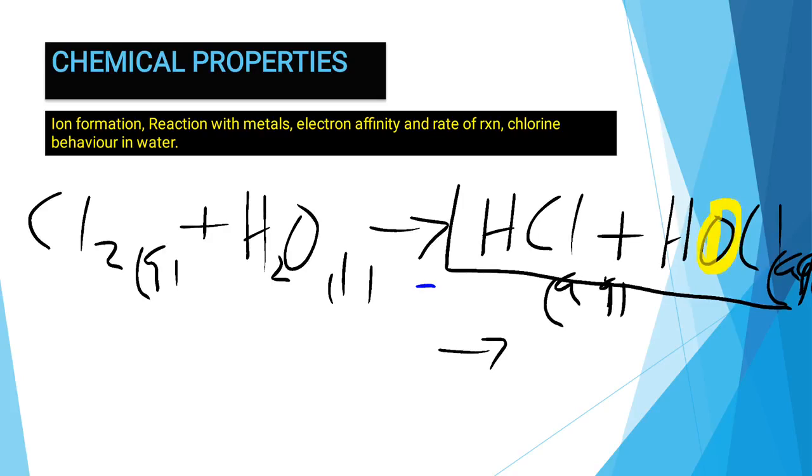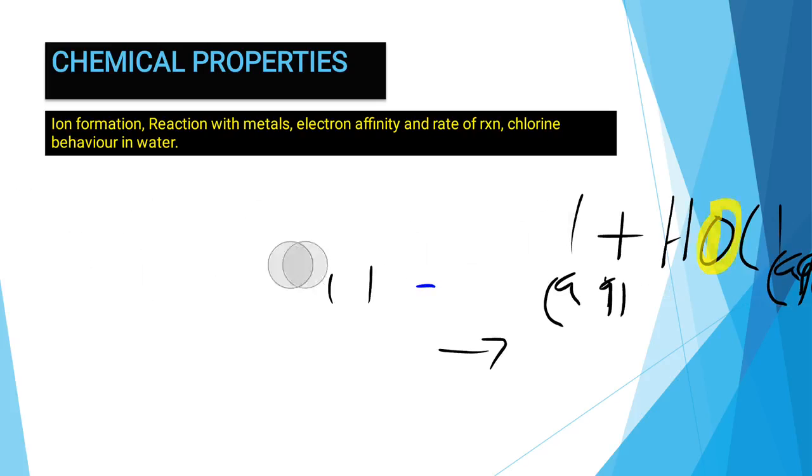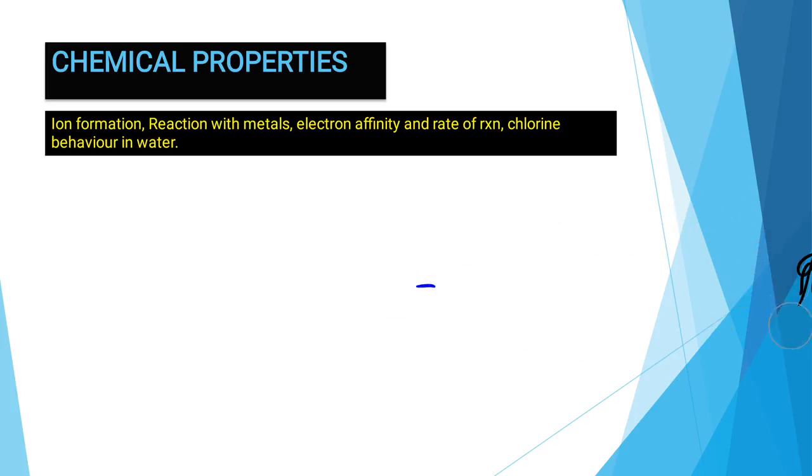And therefore, if you expose chlorine water for some time in the atmosphere, you find that it loses its bleaching effect. Why? Chlorine water will lose the oxygen atom, which is responsible for the bleaching effect.